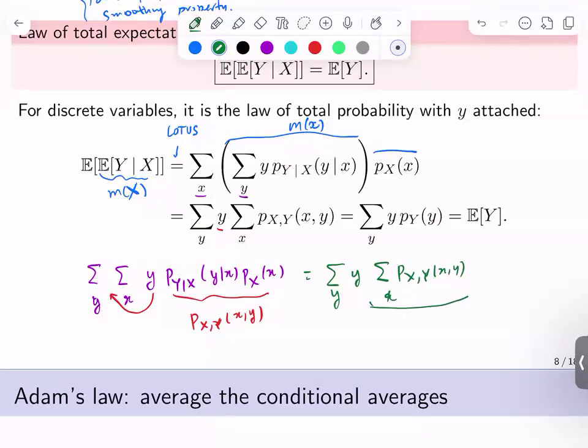If you remember, if you sum or integrate one of the arguments of a joint distribution, it gives you the marginal of the other random variable. In this case, we're summing over x, so it gives me the marginal PMF of y, and so this is really the definition of the expectation of y, the way we define it.